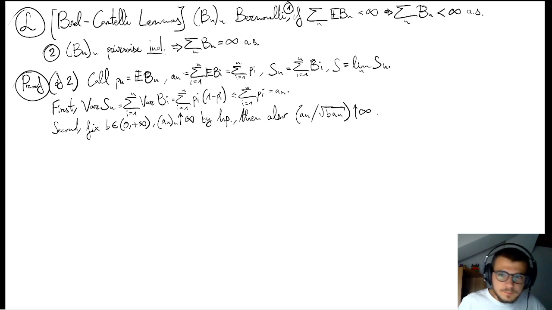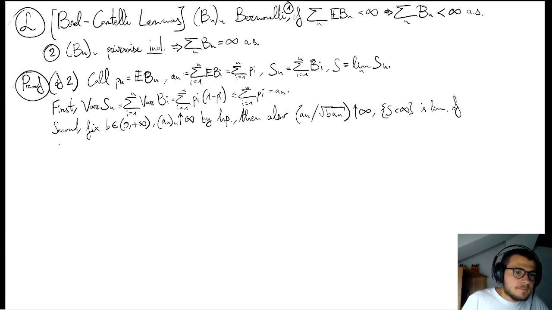And then the event S being finite is the limit of the increasing sequence of the events S being less than An minus square root of B times An.